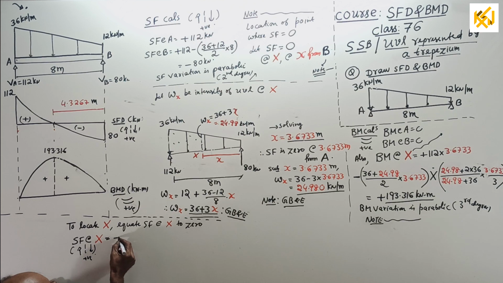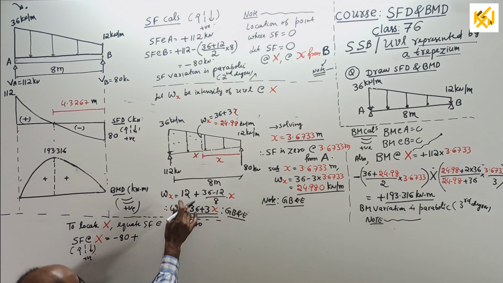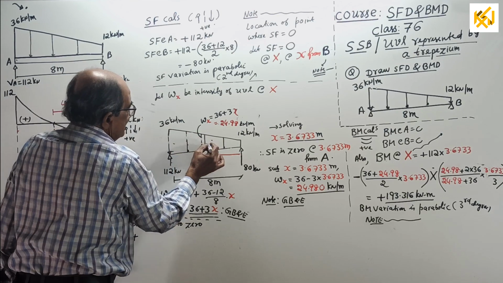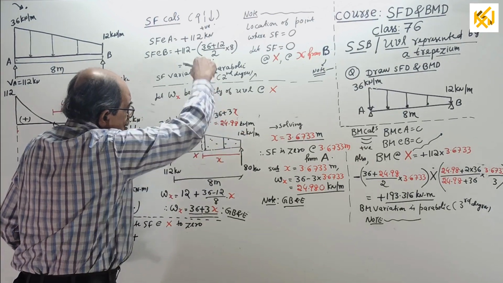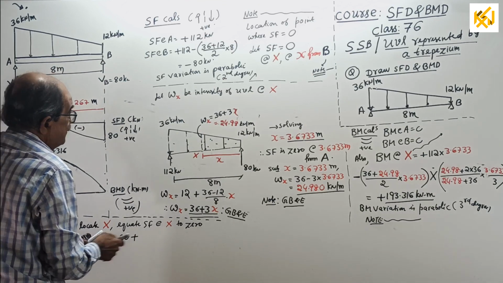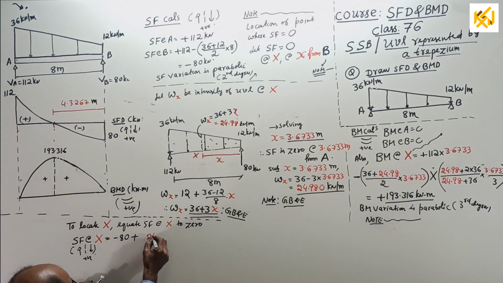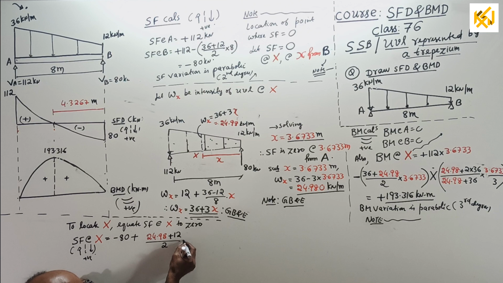So it is minus 80 plus the total load. Now you should look at this side. This is the load you have to consider. Total load equal to 24.98 plus 12 divided by 2 multiplied by x. This is the shear force at x equal to 0.